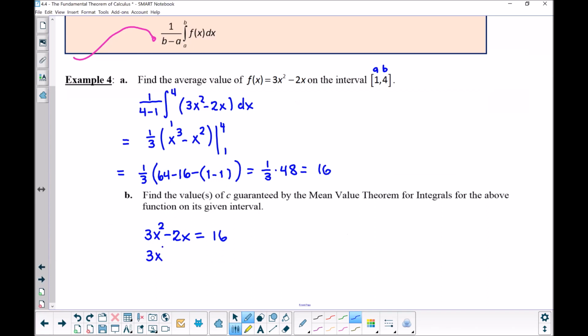So I'm going to subtract the 16 from the right, and basically I'm going to cross my fingers and say, does this factor? Remember my rule about factoring? If you can't factor this in 30 seconds, then just go ahead and use the quadratic formula. So, 4 and 4, I don't know.